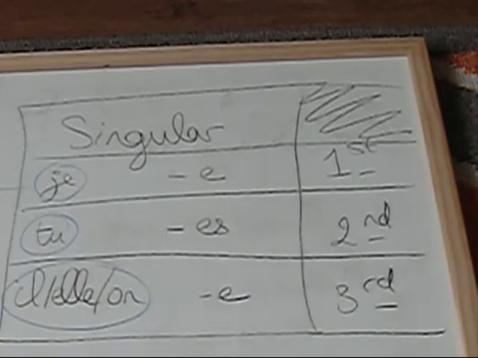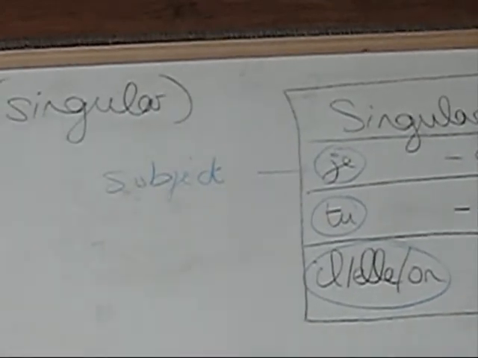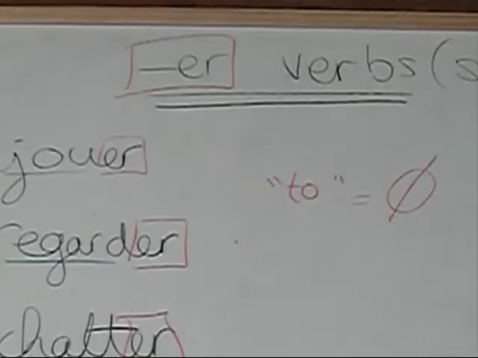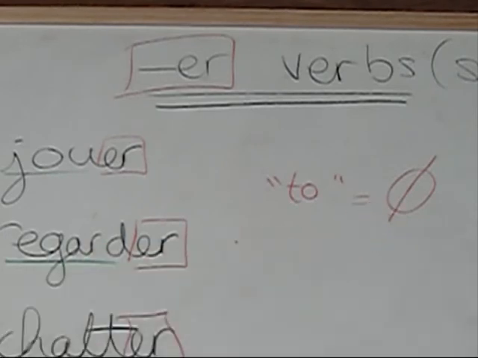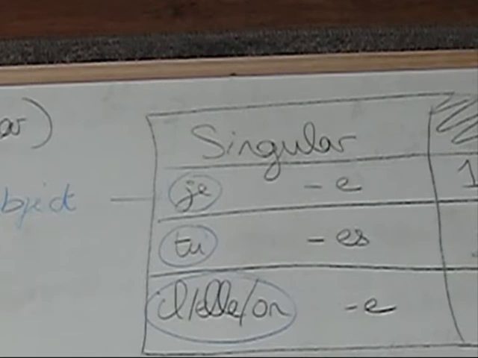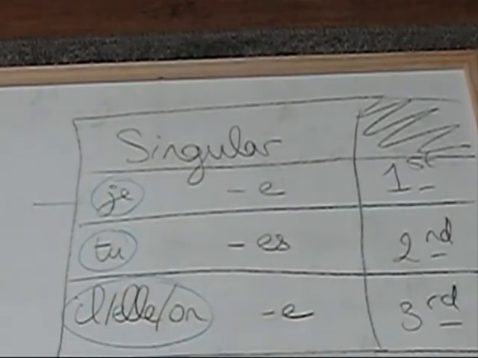We said earlier that ER shows you that nobody is doing the action. If you see an ER ending, no one is doing anything. However, in this case here, we have either I, you, he, she, or we doing the action.